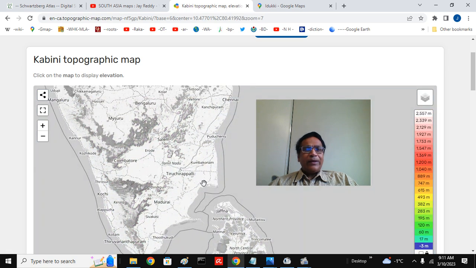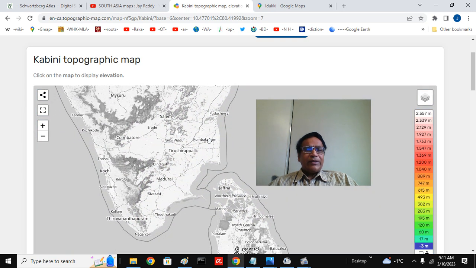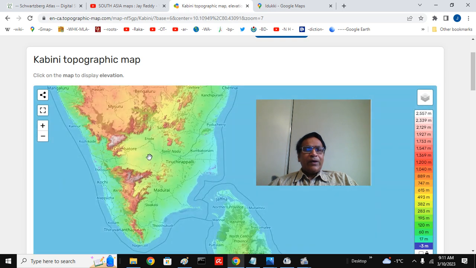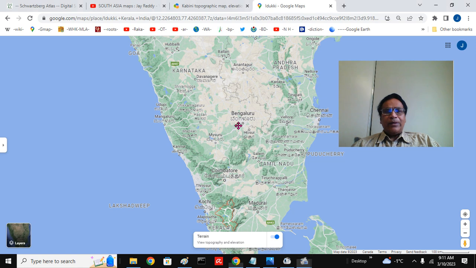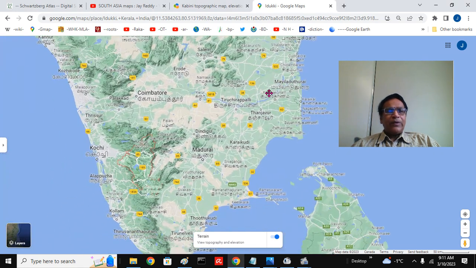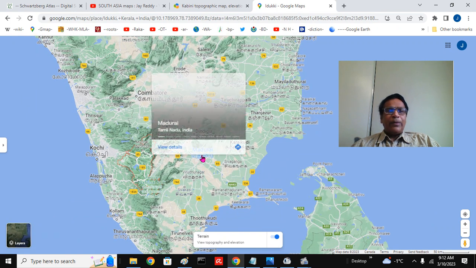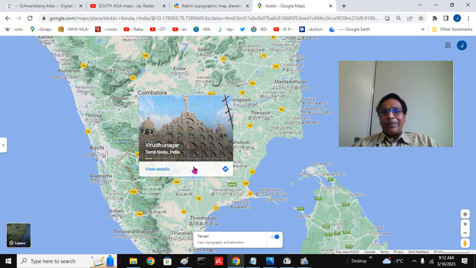And you can get a different perspective here. I have changed it so that you can see clearly. This is the Coimbatore uplands, and these are the Madurai uplands. The same thing, you may perhaps look at it from a slightly different perspective. And this is the Madurai uplands. Madurai itself is in the plains, where the Vaigai and Tambraparni come.